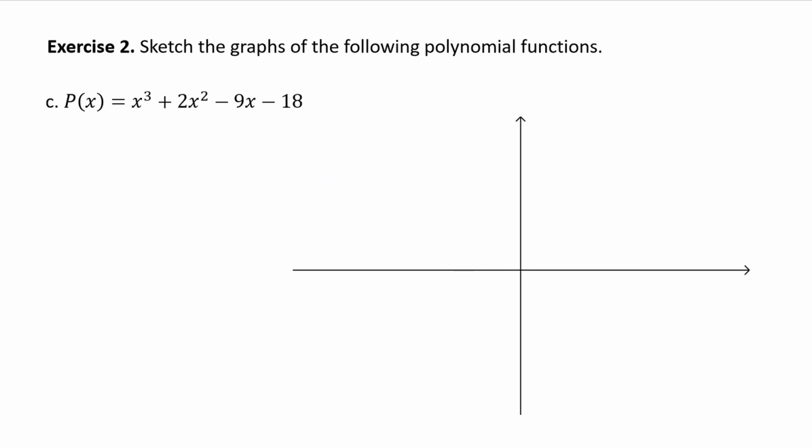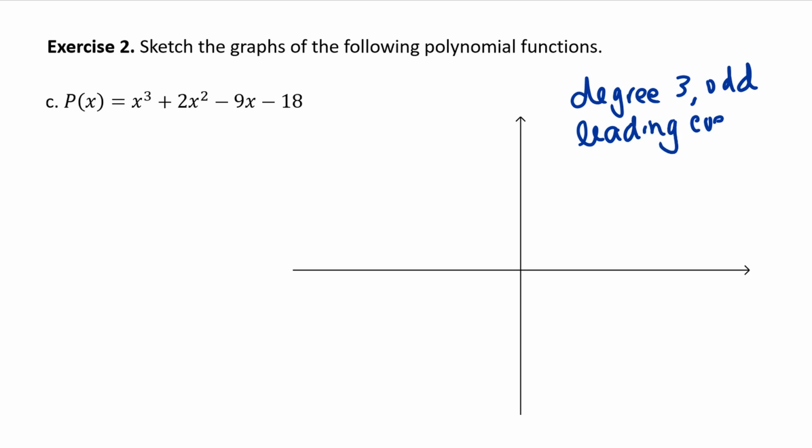Part C, p of x equals x cubed plus 2x squared minus 9x minus 18. A couple of things we can get right off by looking at this. One is that this is degree 3, or odd. And furthermore, the leading coefficient is 1, which is a positive number.